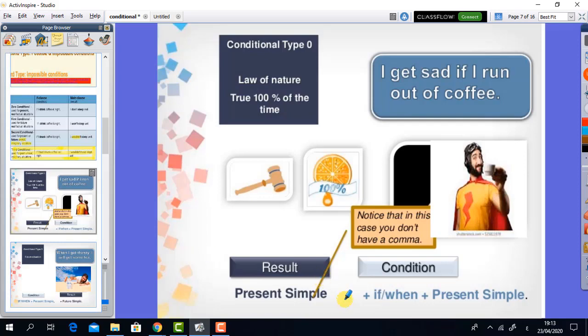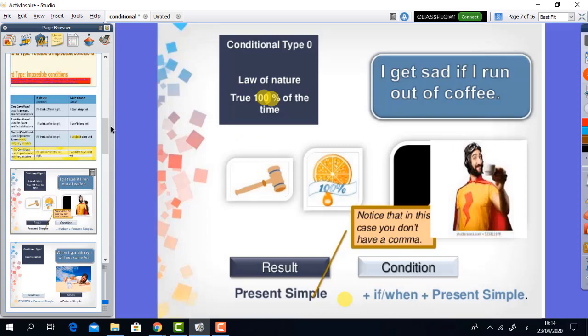We use conditional type 0 when we are certain for 100% that the result or the main clause will happen whenever the condition found in the if clause happens.